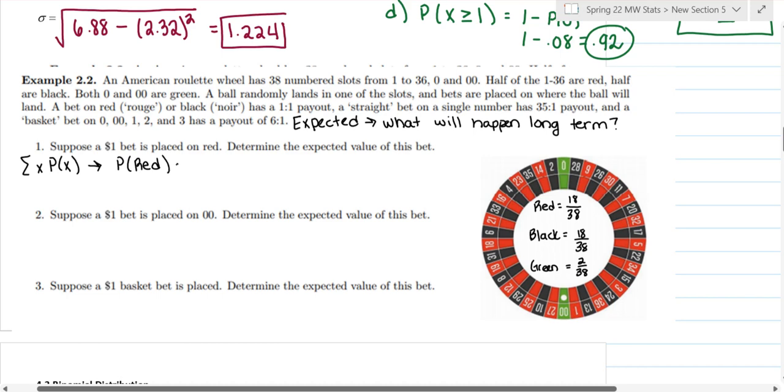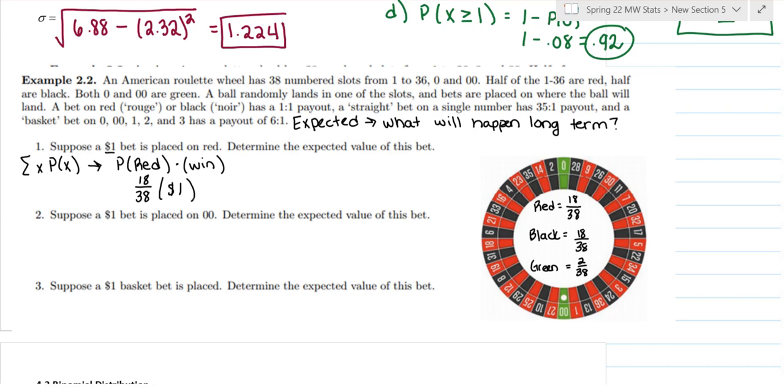Okay, so if I get red and I win, I get $1 because it's a 1-1 bet. So times win would be 18 out of 38 times $1. Okay, but I also have to add the other probabilities. So I have red, black, or green. So those are the possible outcomes.